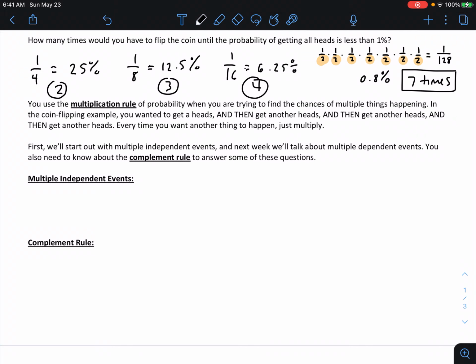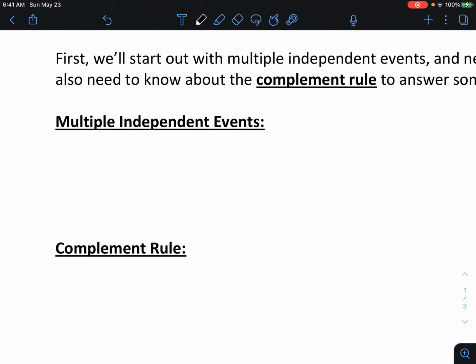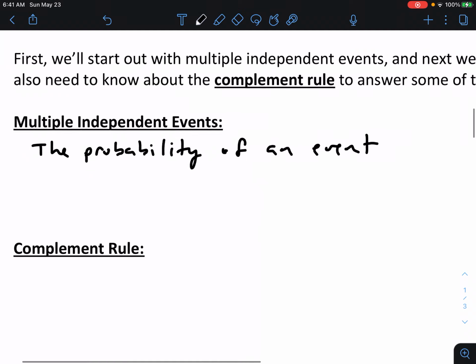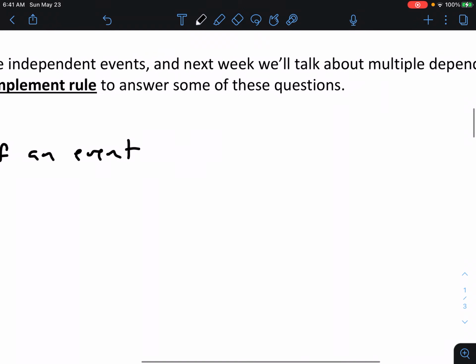Okay, so multiple independent events is something like flipping a coin, where the probability of an event doesn't change, right? When we flip the coin, nothing happened to the coin to make it any different. So the probability doesn't change.